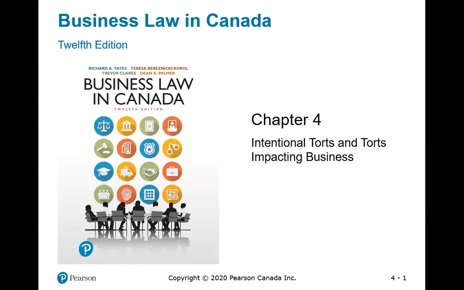So when a party loses at the trial level, they may appeal to the Court of Appeal. And the decision of the Court of Appeal, when it is final, may also create a precedent. Sometimes this decision from the Court of Appeal goes further to the Supreme Court of Canada.